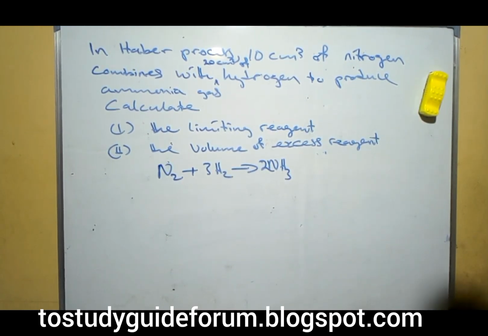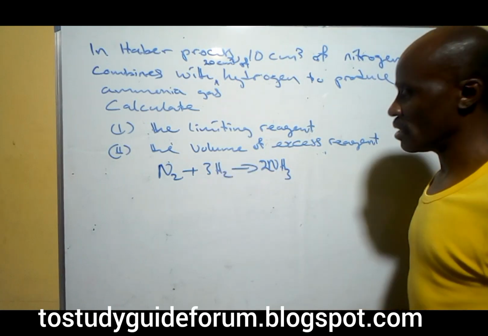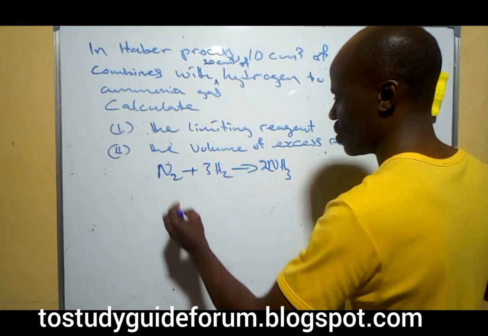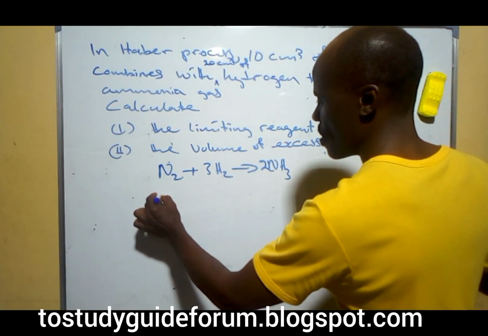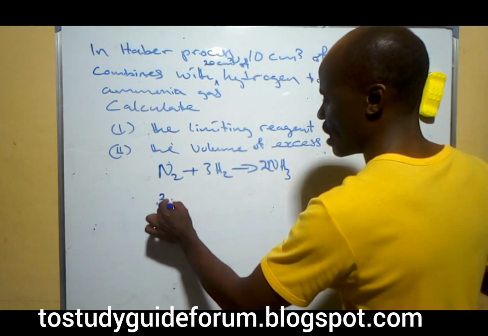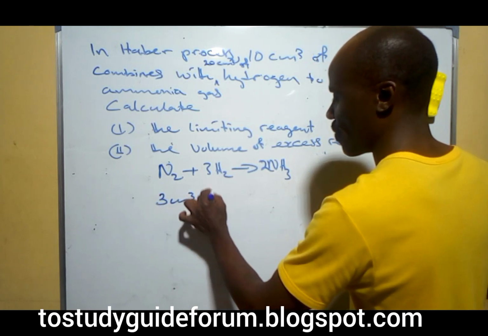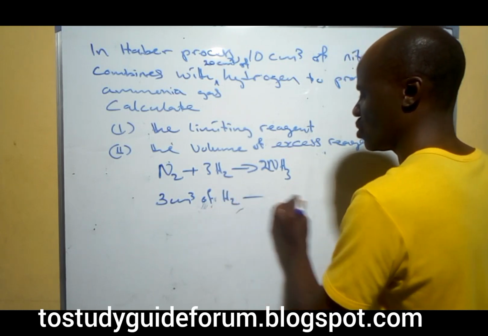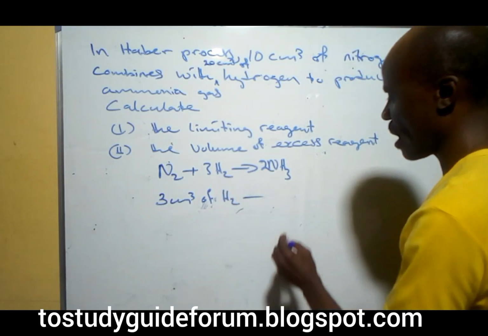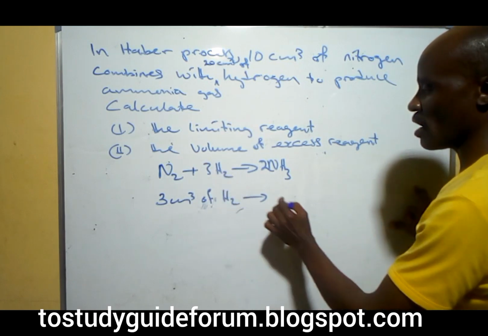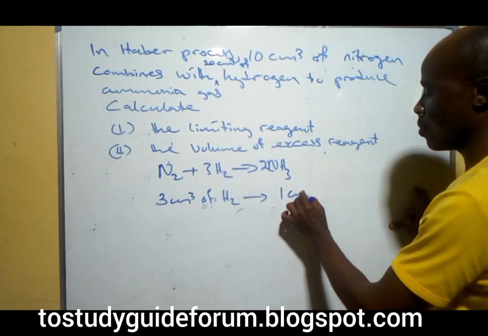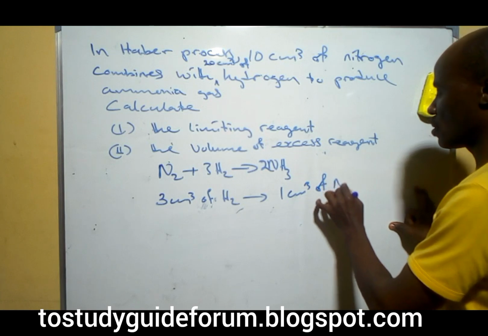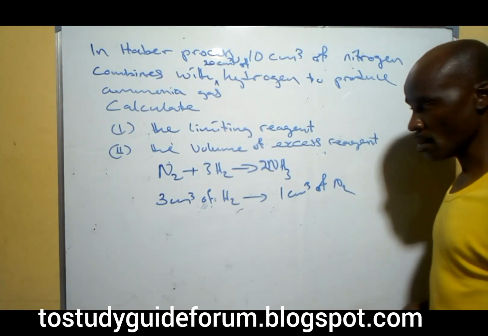So we come back here. From this reaction, 3 cm³ of hydrogen reacts with 1 cm³ of nitrogen.